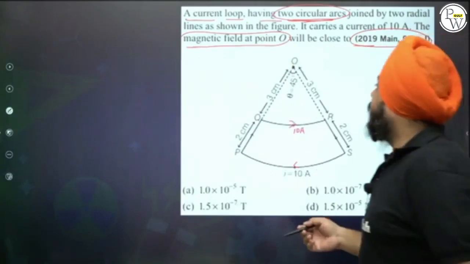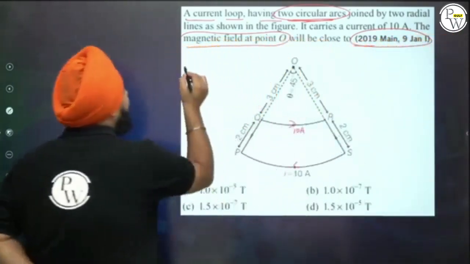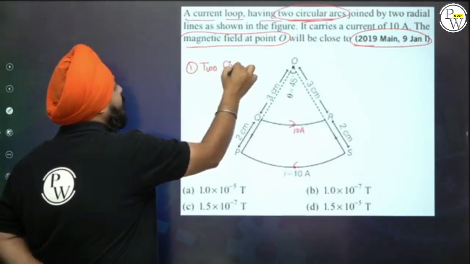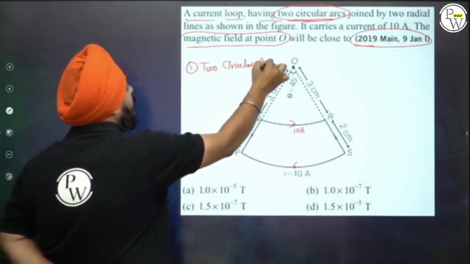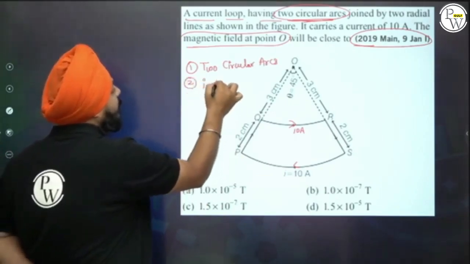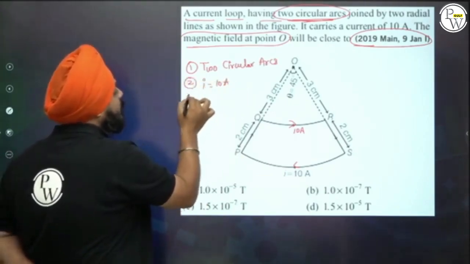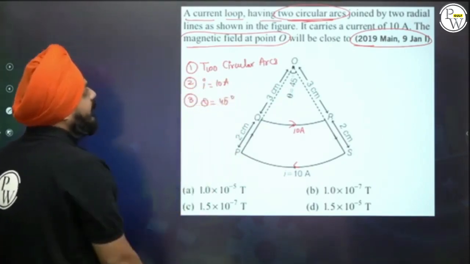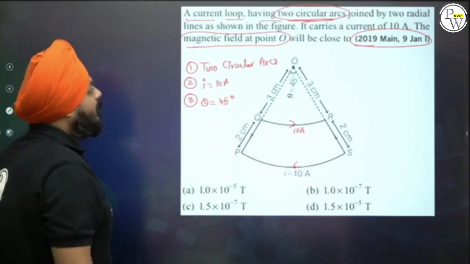First of all, whatever data has been given: two circular arcs. Second, the current is given, 10 ampere flowing through, and the arc is subtending a 45 degree angle.